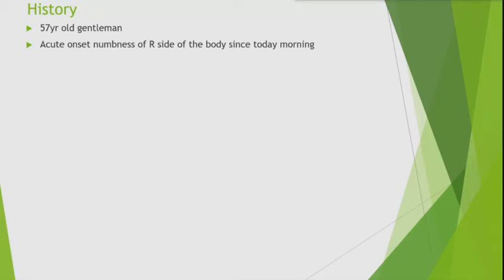Sometimes in migraine there can also be numbness. Which system is affected here? Nervous system. Okay, nervous system involvement.